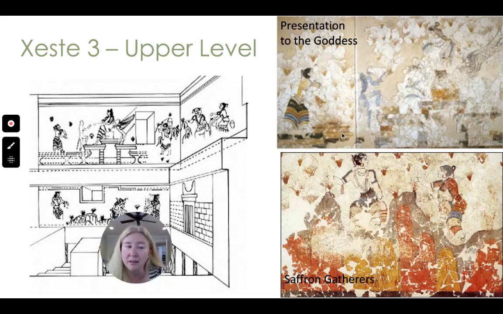What is that something? To figure out what that something is, we go over to the saffron gatherer fresco. Here we have two girls in the landscape. One of the interesting things about this, do you see how this girl's head is blue? It's shaved.